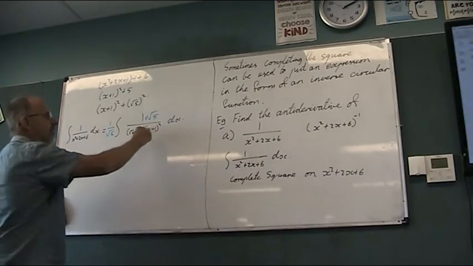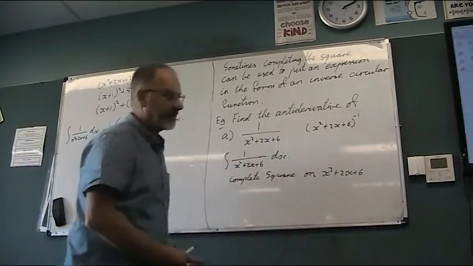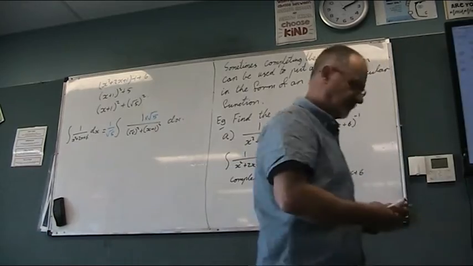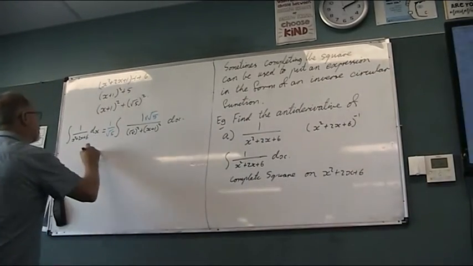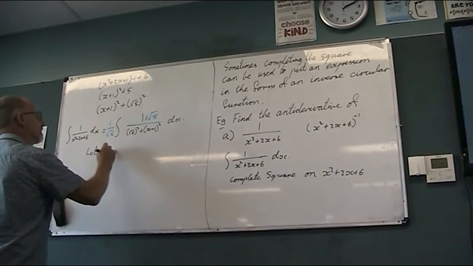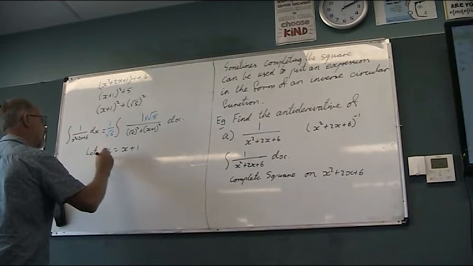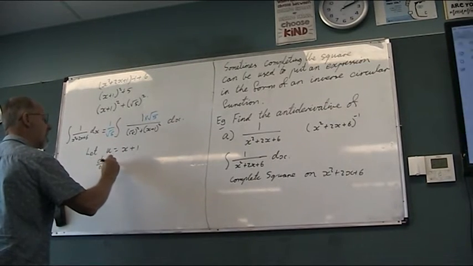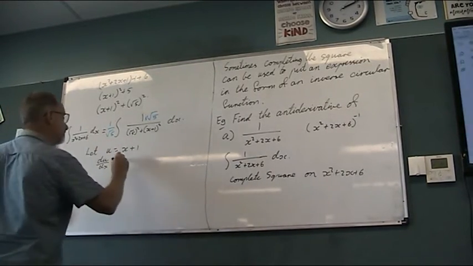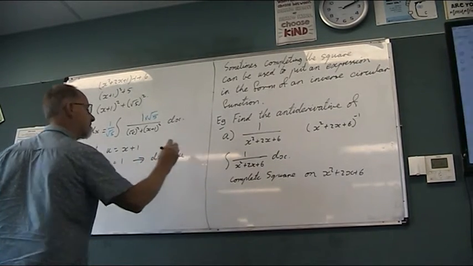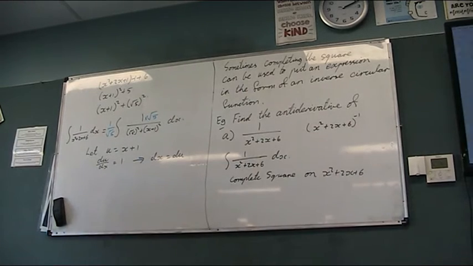Because if we can do that, then we'll have u squared there, and it looks exactly like our tan one. So let u equal x plus 1. du/dx is 1. So what that means is that dx is equal to du.